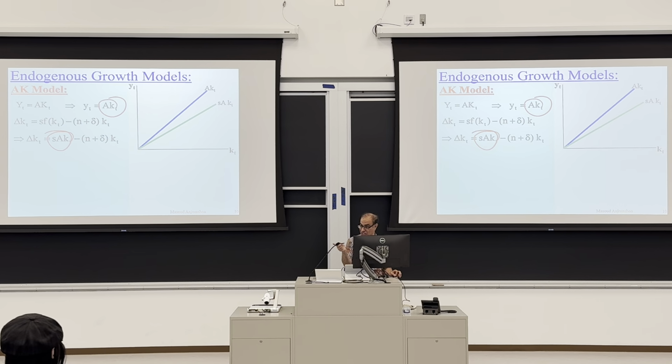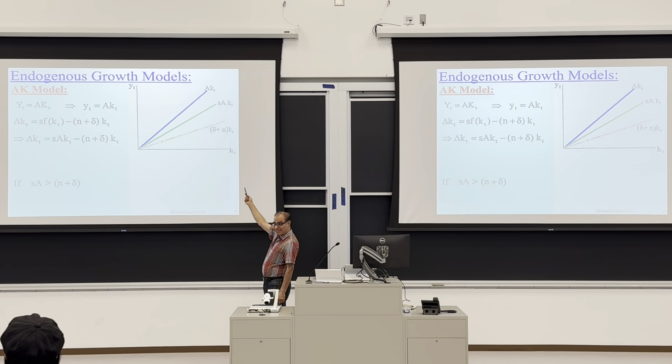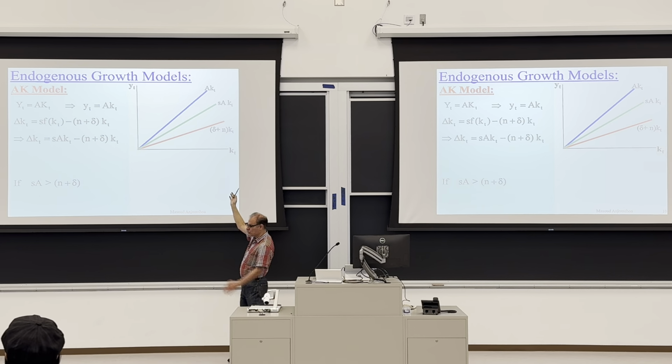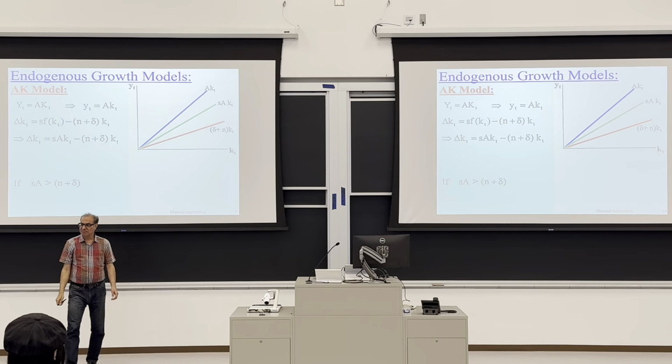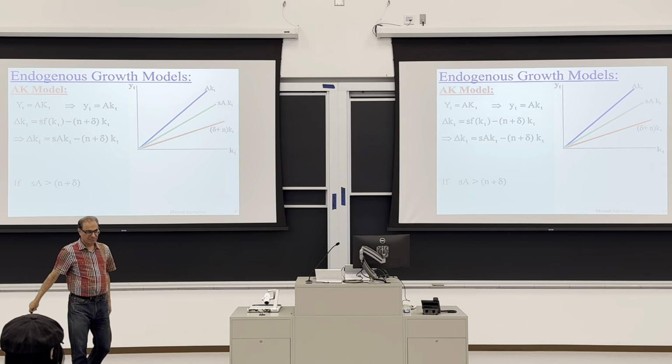And then I have sAK, remember, the investment function, investment term. And remember that is the depreciation line. Suppose it falls below those two. Okay? Okay, guys, you tell me.